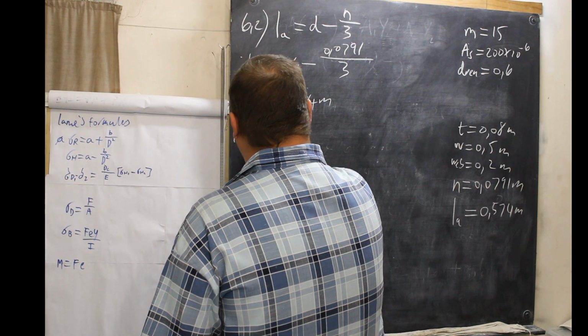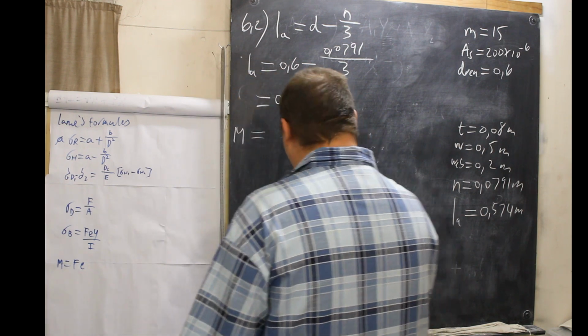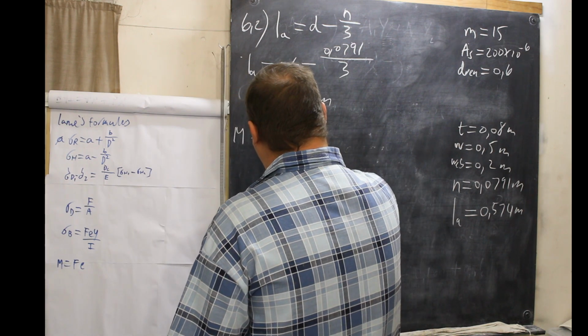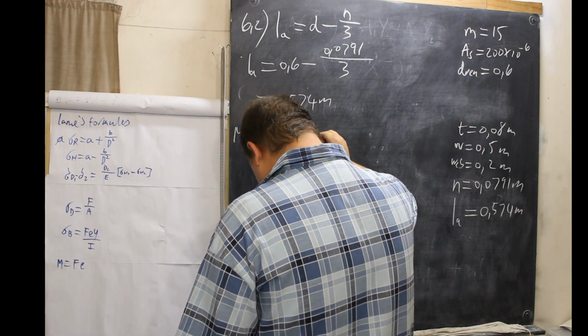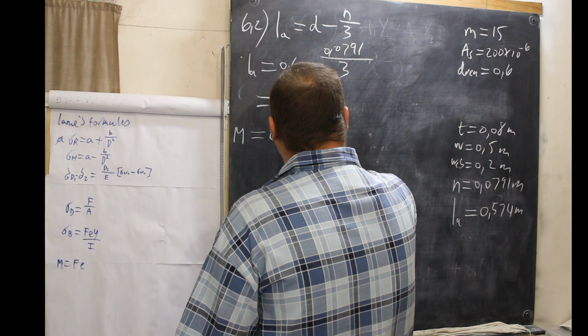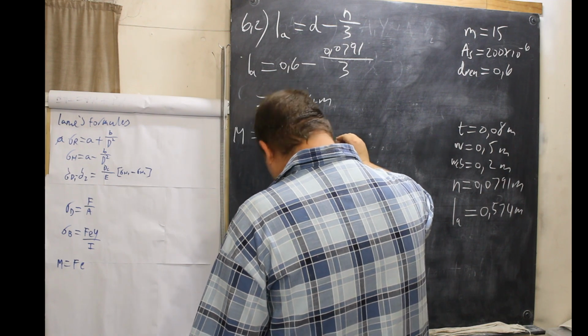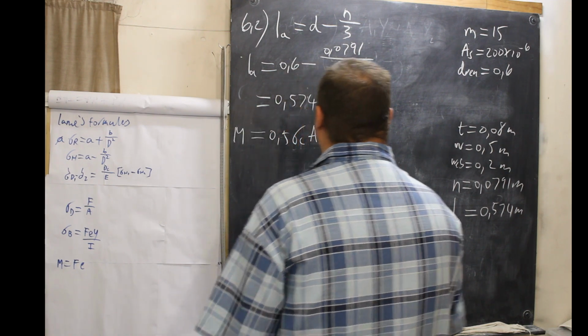Okay, the next thing to do is we want M. We want a bending moment. So in this case it is 0,5 times the stress of concrete times area of concrete times LA.